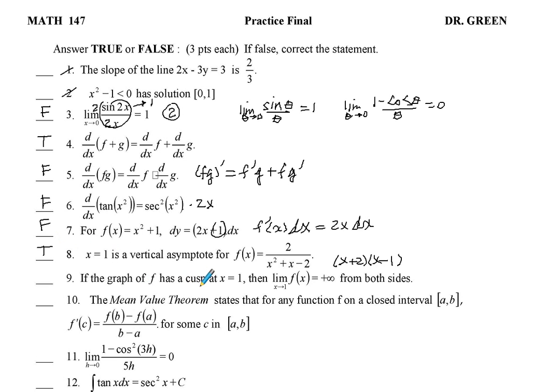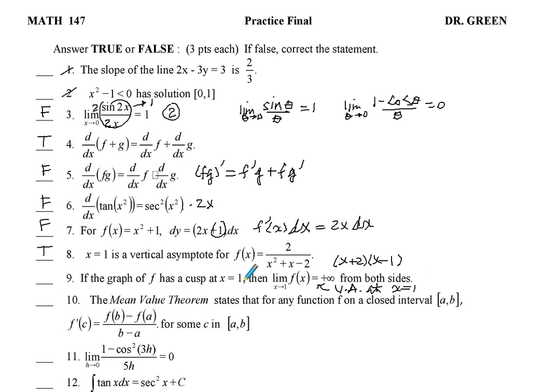If a graph has a cusp at x equals 1, then the limit of f of x as x approaches 1 equals infinity from both sides. That is not true. If the limit equals infinity, that's going to be a vertical asymptote at x equals 1.